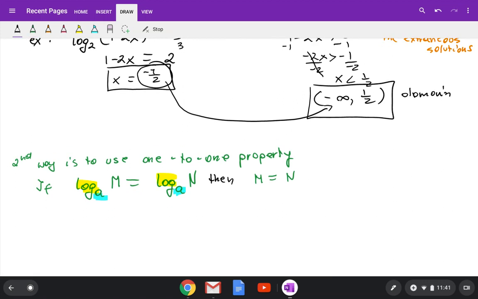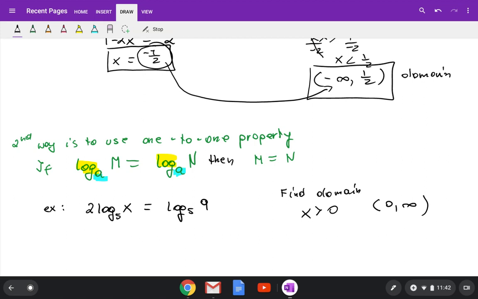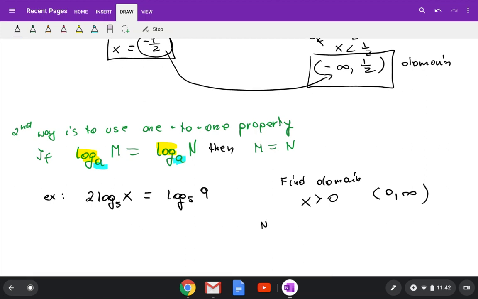Let me give you an example. 2 log base 5 of x equals log base 5 of 9. First, I'm going to find the domain. The domain of logs: the expression next to the log always has to be positive. So the domain is from 0 to positive infinity. Now, I want to use the one-to-one property, but before you use it, you have to isolate the logs.